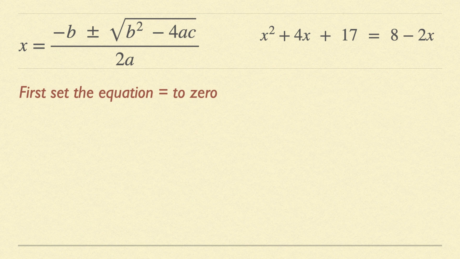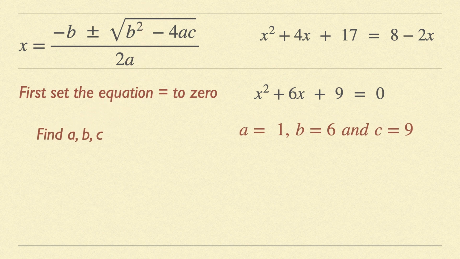And this one is not equal to 0. So I'm going to subtract 8 from both sides and add 2x to both sides, giving me x squared plus 6x plus 9 equals 0. Now is the only time that I can go ahead and identify my a, b, and c. A is 1, b is 6, and c is 9.